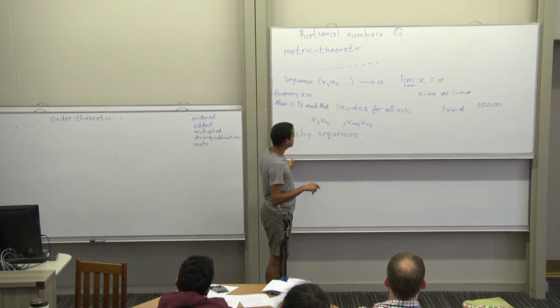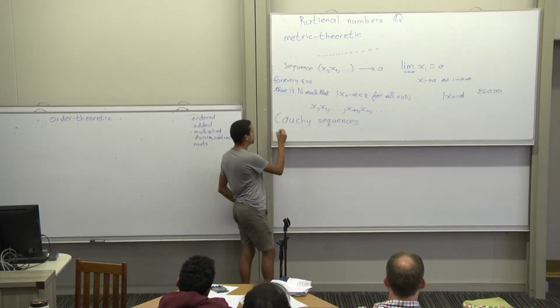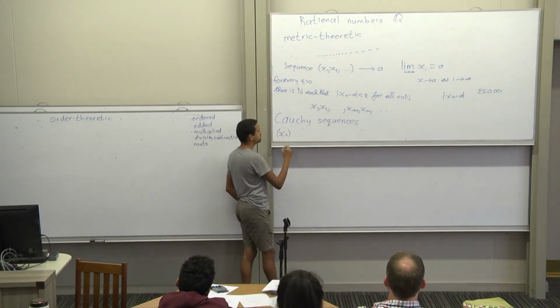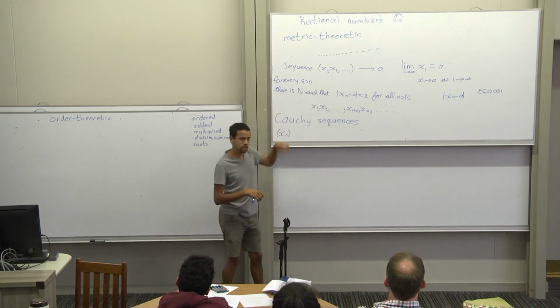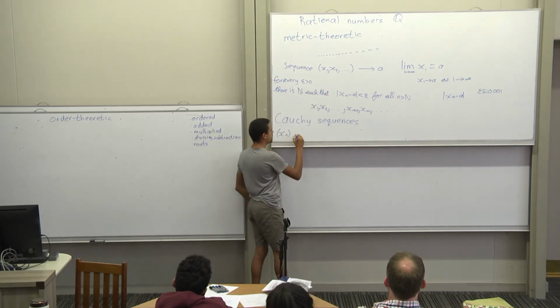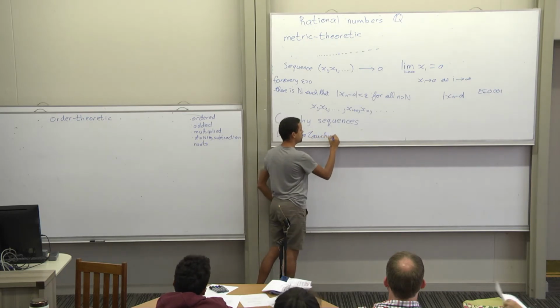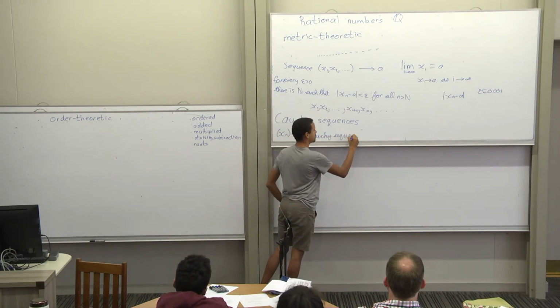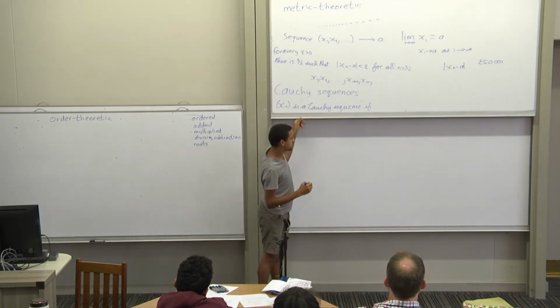And the way it works is like this. Let's say the sequence xn, this is just shorthand notation for that long sequence, is a Cauchy sequence if the following holds.